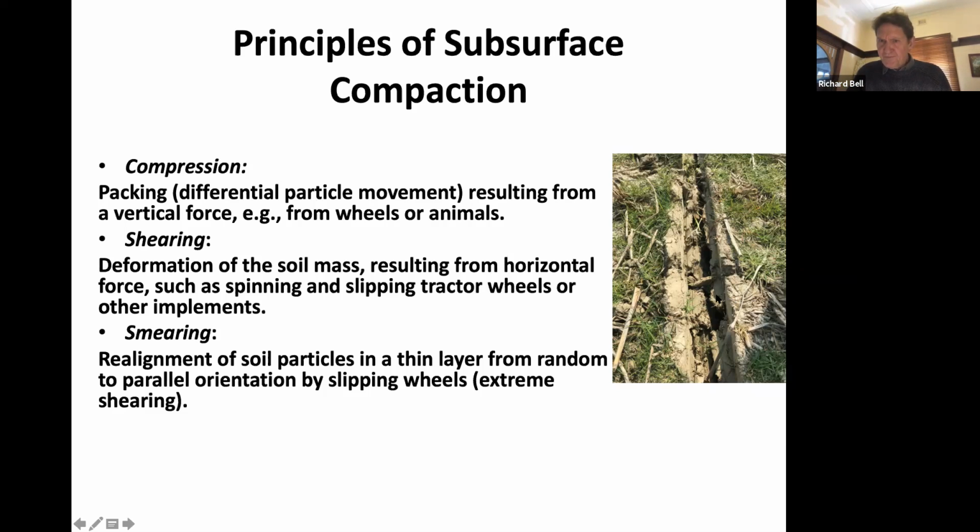And once the clay on that smeared layer starts to dry, it sets rock hard. And what we were finding is that the seeds that we were placing in that slot, the roots just weren't able to penetrate out of that smeared zone. It was so hard and impenetrable that the crop grew very, very poorly.